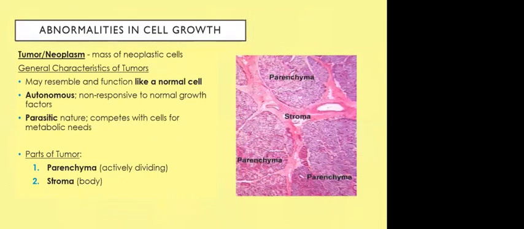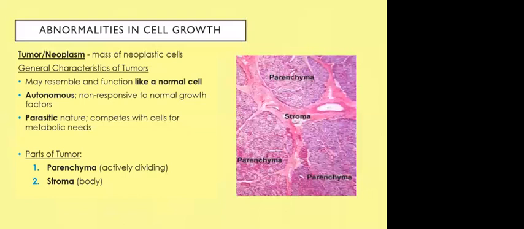That is the time we submit ourselves for a checkup because of the presence of this tumor. Here are the characteristics on how we identify that a certain growth on your tissue can be termed a tumor. Number one, it may resemble and function like a normal cell.